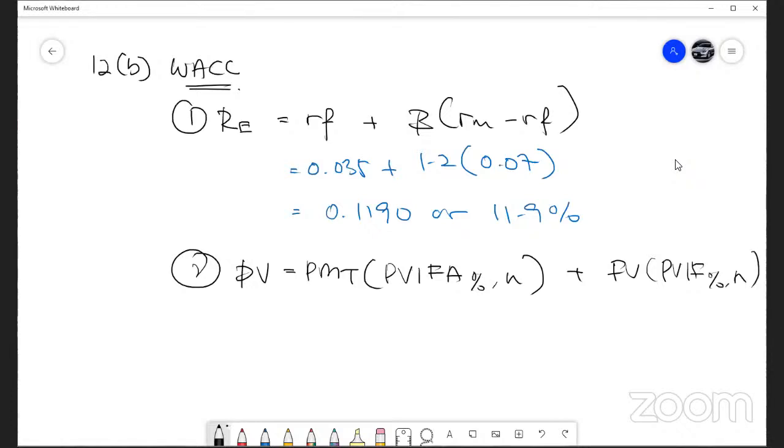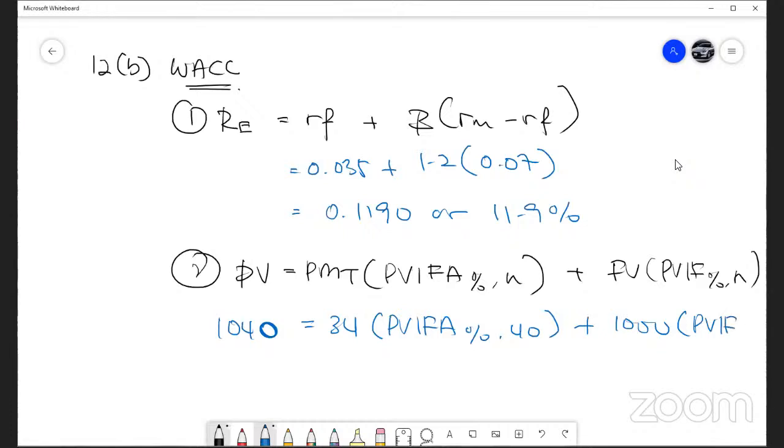So the PV, present value just now, we already know, 1040. The payment, we calculated also, 6.8 divided by 2 times 1000, 34. PVIFA percentage unknown. Period is 20 times 2, 40. Plus FV is 1000, PVIF unknown, 40.